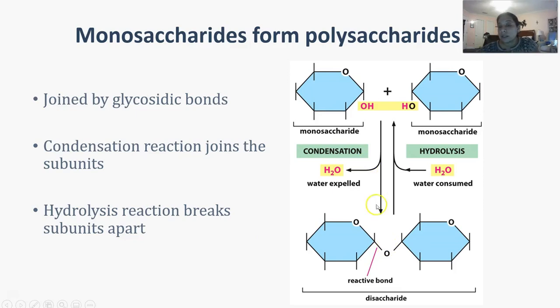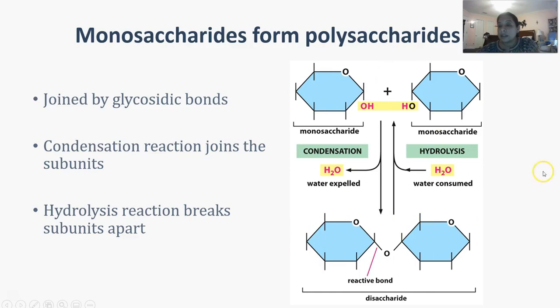And then hydrolysis would be the breaking up of those polysaccharides or disaccharides into individual monomers again. So here you see an example which shows this condensation reaction happening, which will release a water molecule as these 2 monosaccharides combine together to create a bond, and this is your resulting disaccharide.